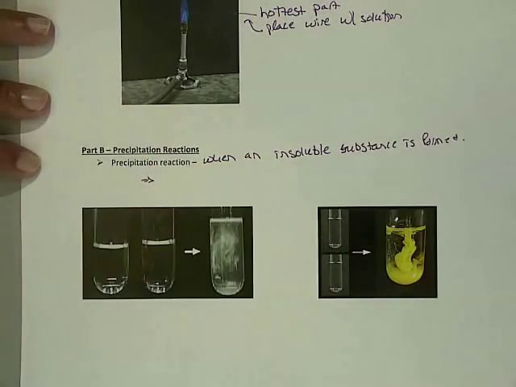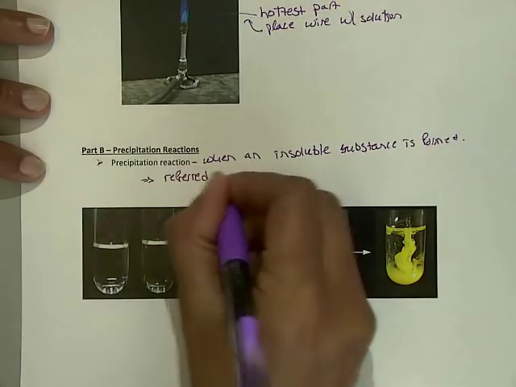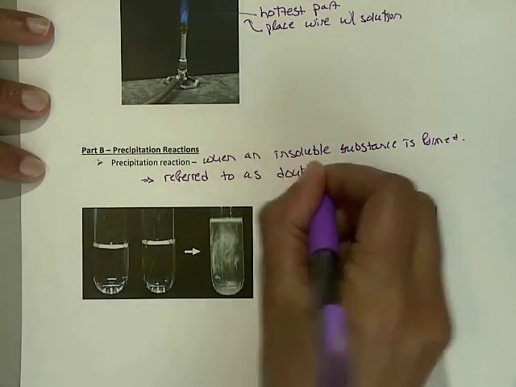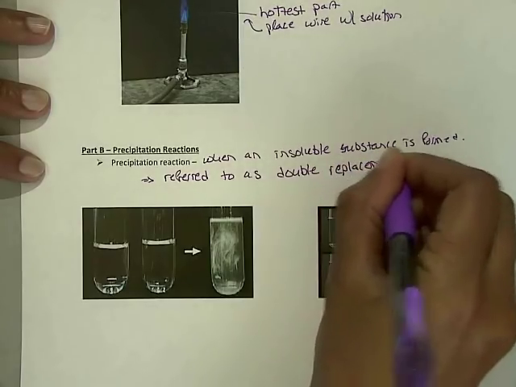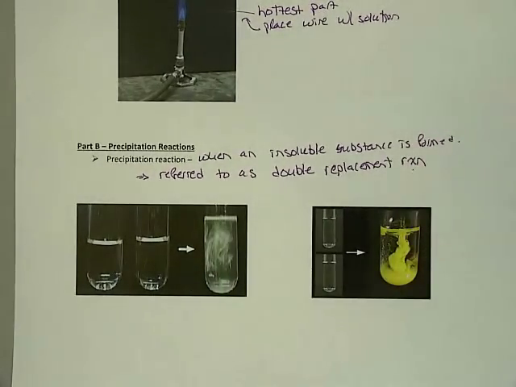For future reference, precipitation reactions are referred to as double replacement reactions. Keep this in mind for the future, because we are going to be talking about different types of reactions. So RXN is an abbreviation for a reaction.